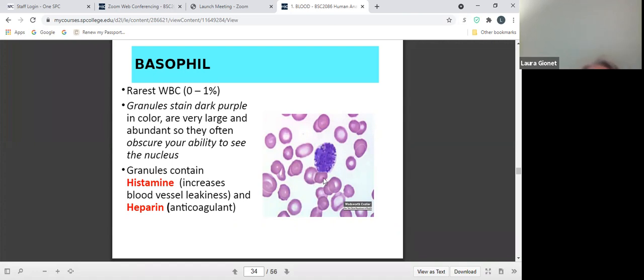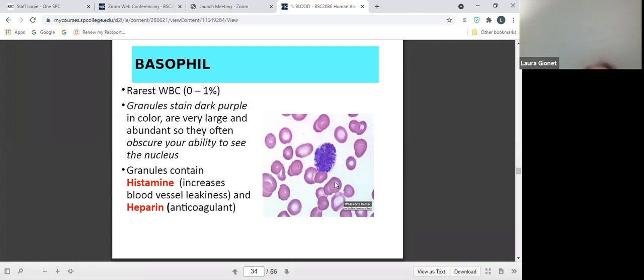All it appears to be is a big ink blot, so to speak, of dark purple staining stuff. If you can magnify it, and sometimes the cell will turn in such a way that you can see all these granules, and it lacks any significant light lavender cytoplasm around the circumference of the cell, or maybe off to one side, then you could be pretty certain that it's a basophil.